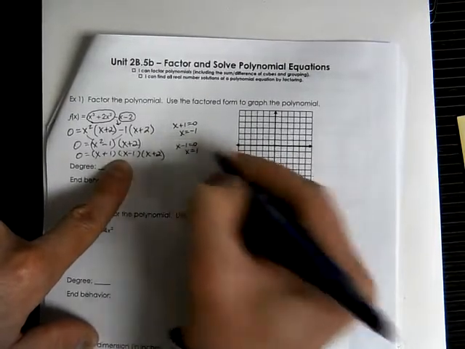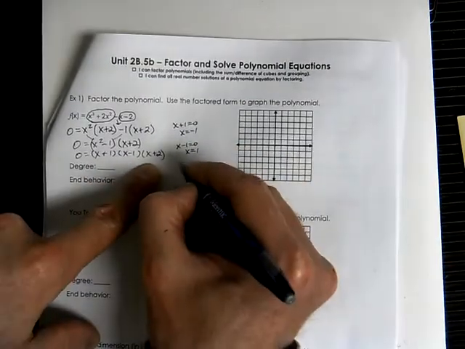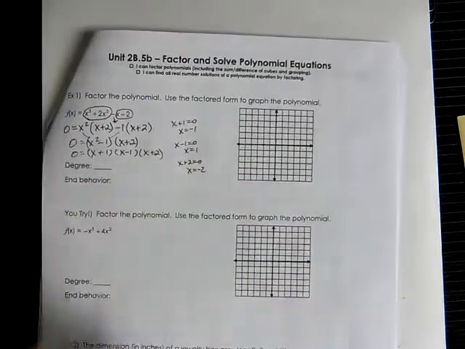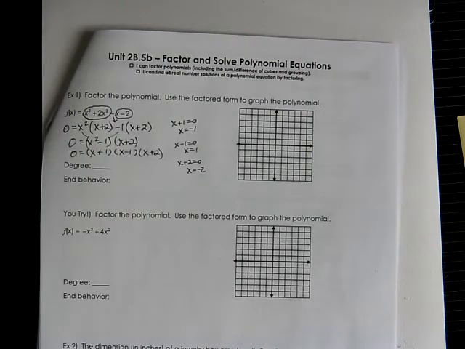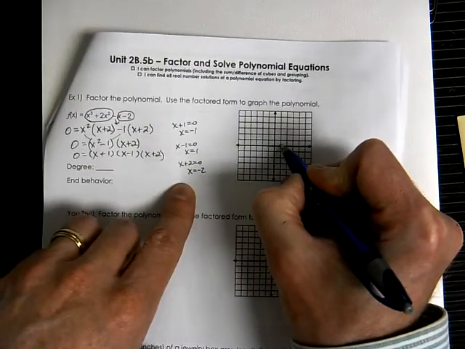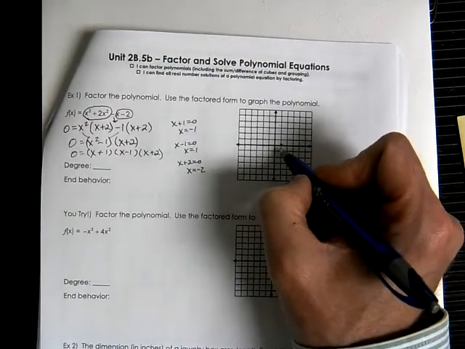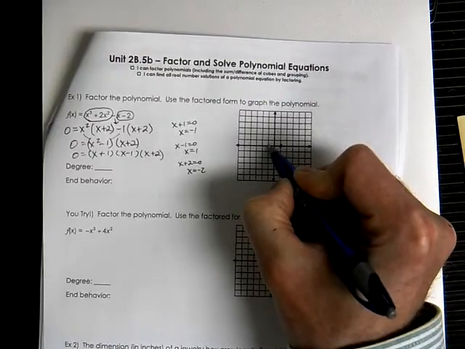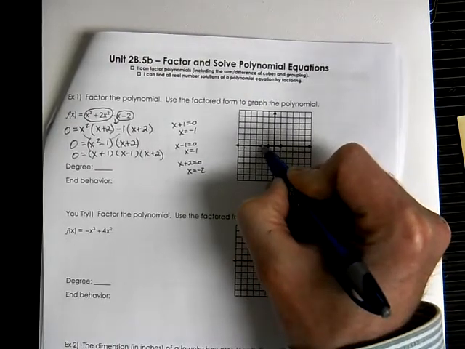When you add it across, you get 1. You subtract it across, you get negative 2. So we're at 1, we're at negative 1, and we're at negative 2.